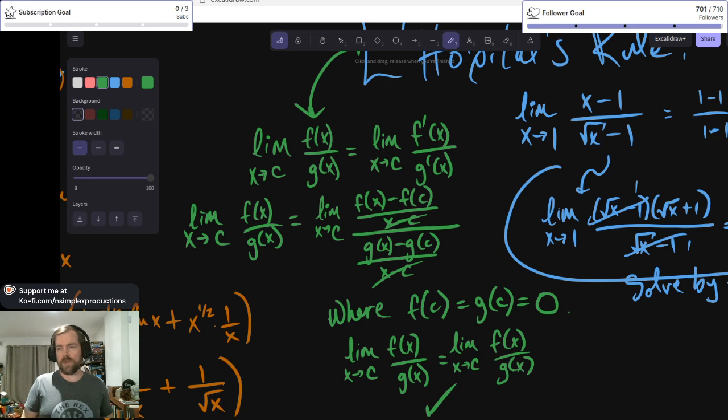So the issue is that, again, when you try and plug in x going to whatever value that is, we're going to get a zero value for the function. We're also going to get a zero value for f of c, the function when we plug in the value directly, and also the limit is going to be 0.